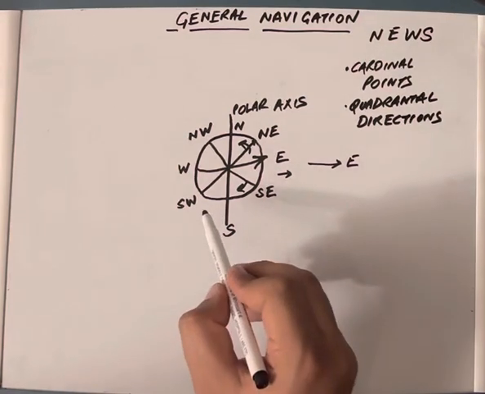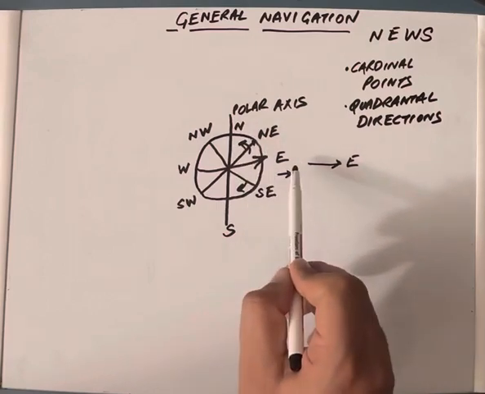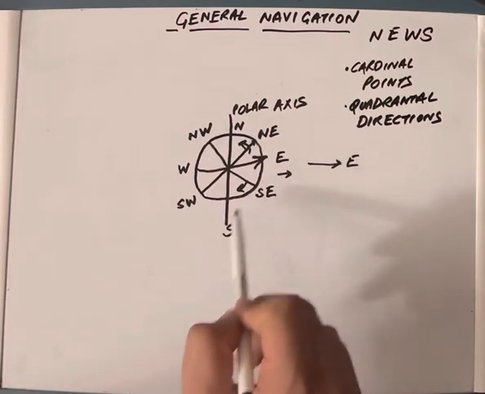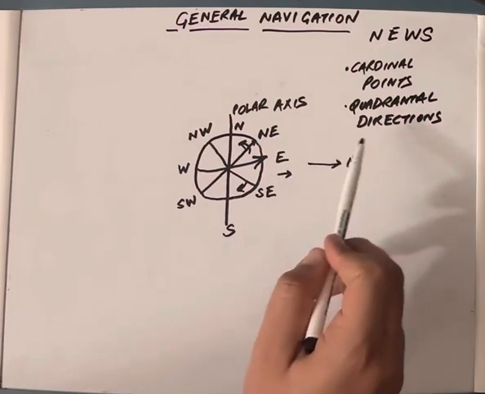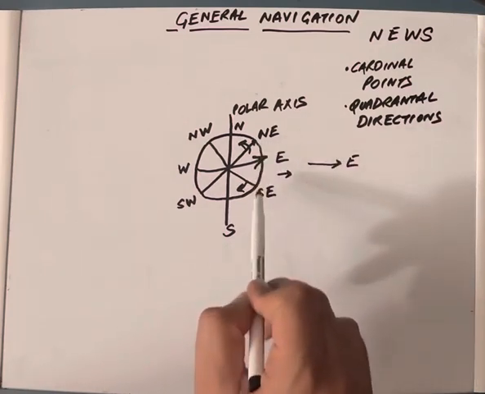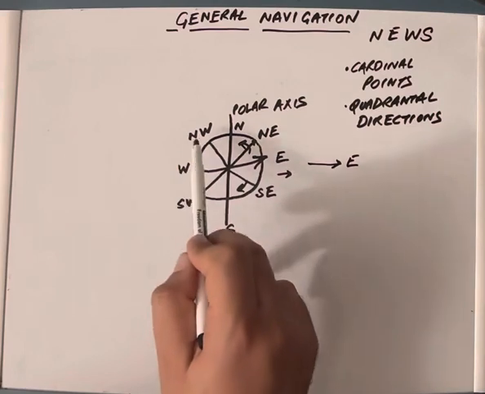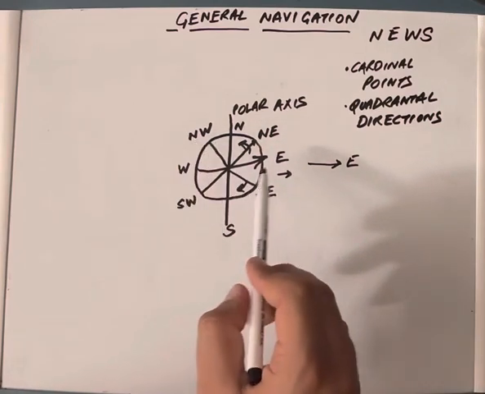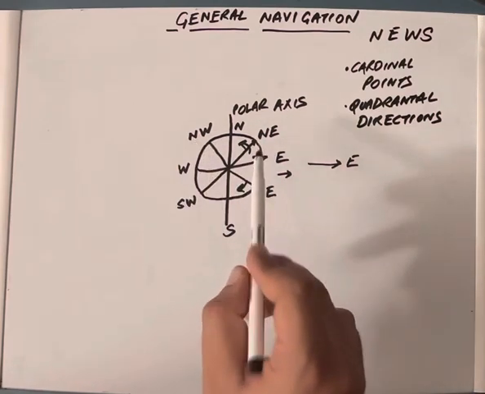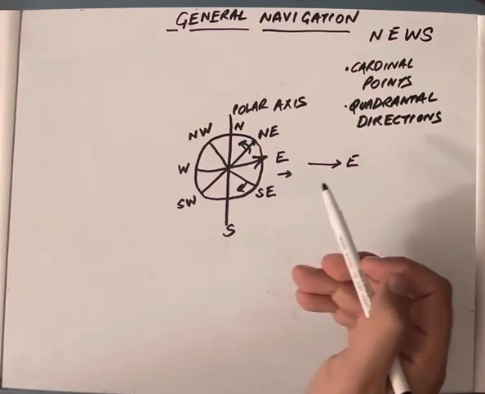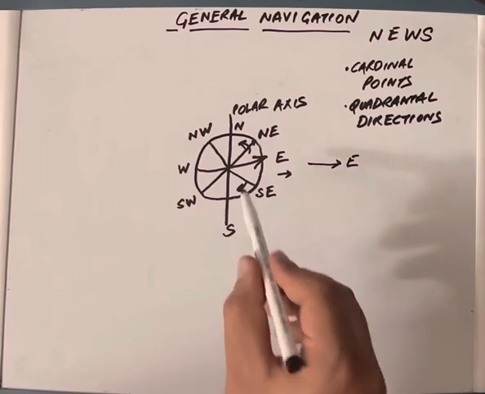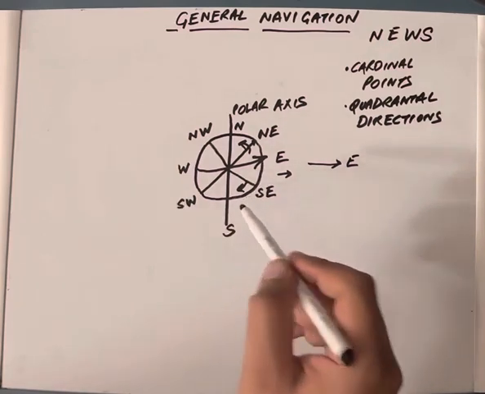So now we understand the basic four cardinal points: north, east, south and west. And the four quadrantal directions: northeast, southeast, southwest and northwest. But this was sufficient only for navigating ships. Nowadays we are flying aircraft, so all these directions are also not sufficient.